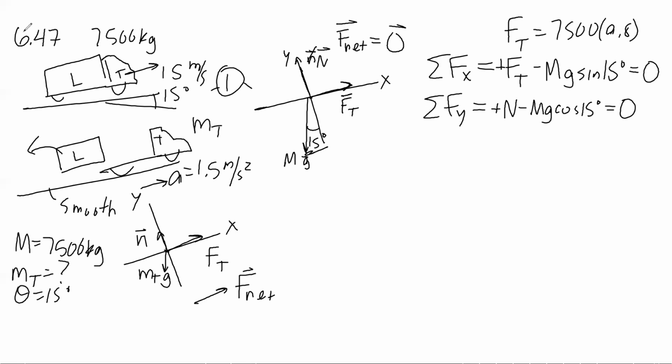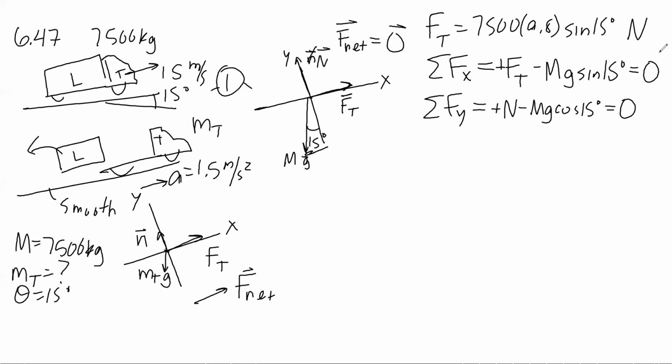Oops. Let me move this. Can we move these? Yeah, just so I have more room. Okay, so the force of the truck equals 7,500 times 9.8 times sine of 15 degrees, and that's in newtons.